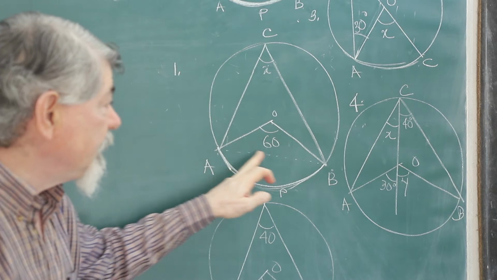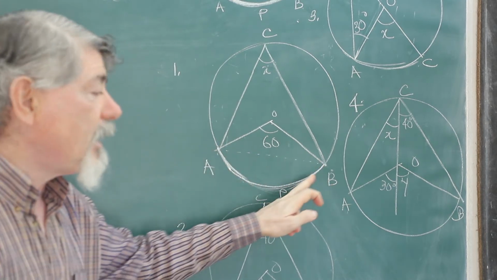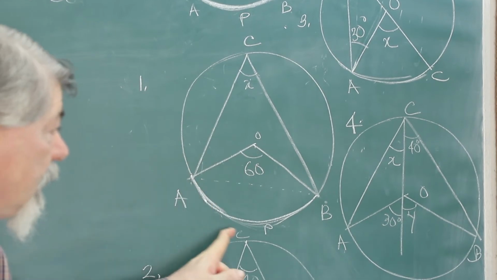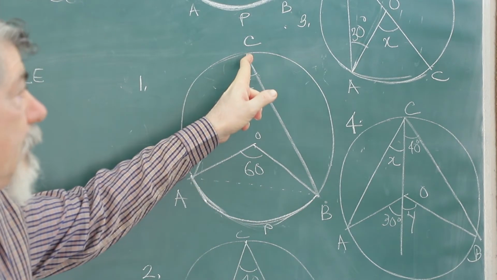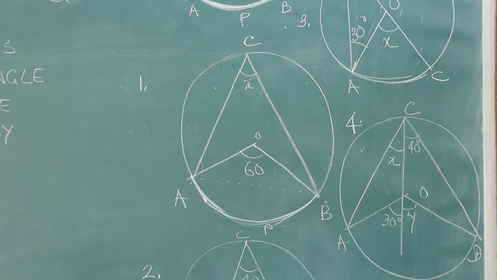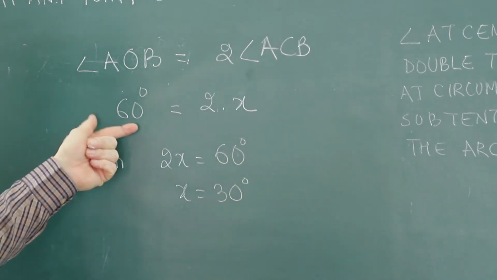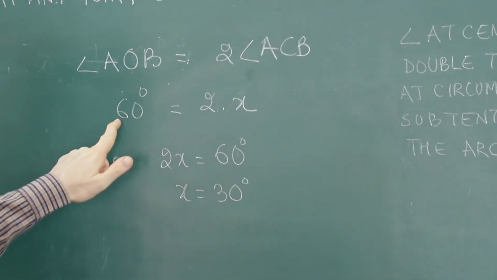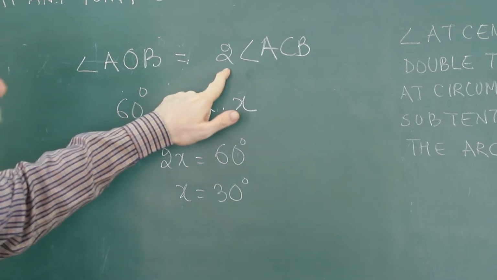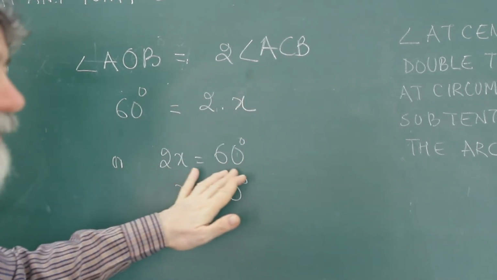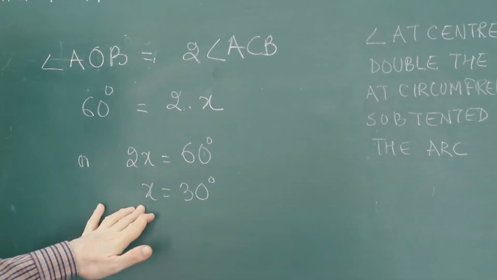If the base is not the same, this relation cannot hold good. When I say the chord AB is the same, that means arc APB is subtending an angle at the center, and the arc APB is subtending an angle at the remaining part of the circumference. The relation is AOB is double of ACB. AOB was given as 60 degrees, and ACB as x, so 2x is equal to 60, so x will be 30 degrees.